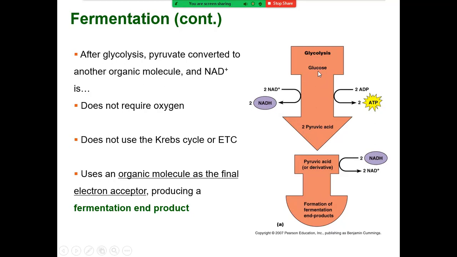And while the fermentation is occurring, we are making some ATP. So that's why the cell doesn't store the NADH and just wait for oxygen to become available, because it wants the ATP immediately. So it uses up the NADH to engage in the fermentation reaction. Any questions about any of this?